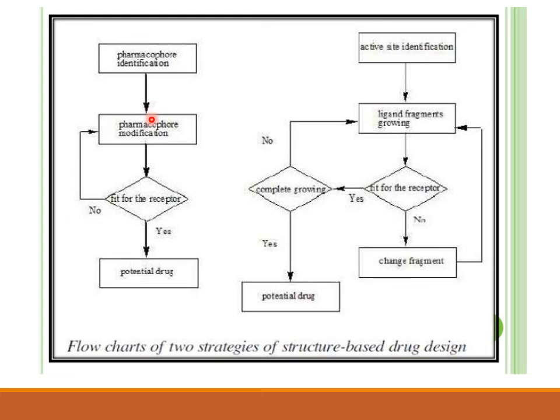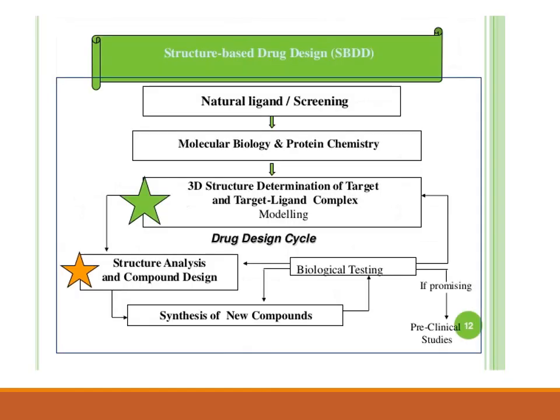Again, active site identification, ligand fragment growing, then fit for receptor, complete growing, then potential drug. If it fits the receptor, good; if not, then change the fragment. This is the flow chart for two strategies of structure based drug design.